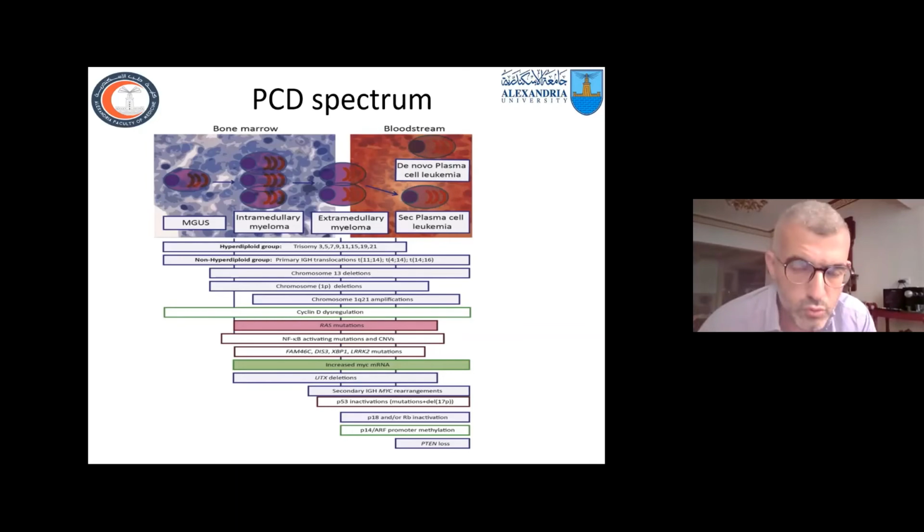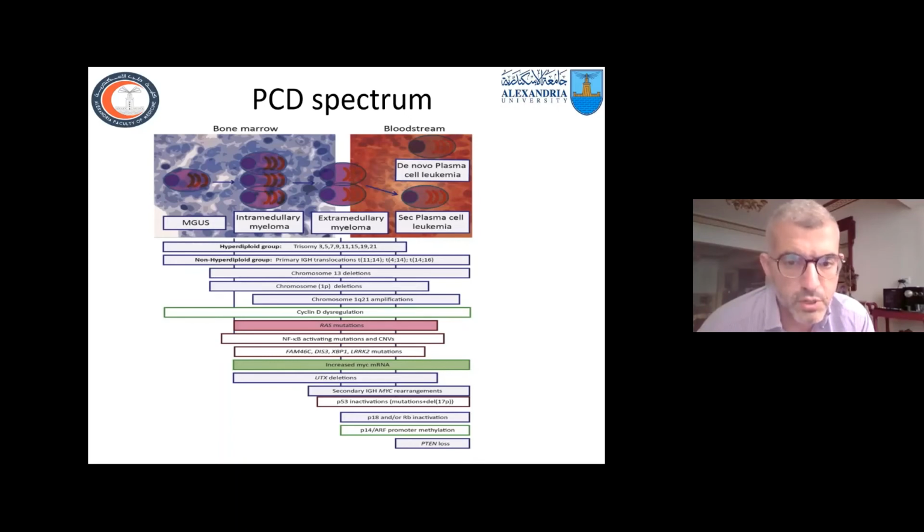The disease usually starts in the bone marrow with having these post-germinal center cells, which pick up the different mutations. And as you can see here, they are the different mutations that are involved.